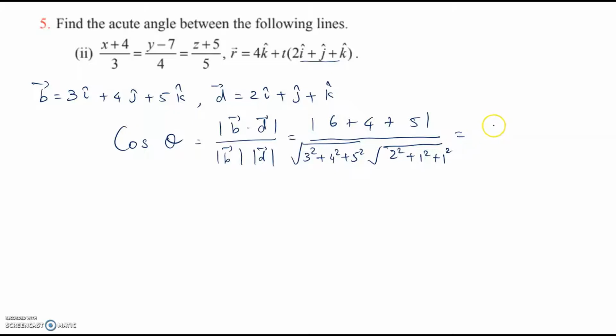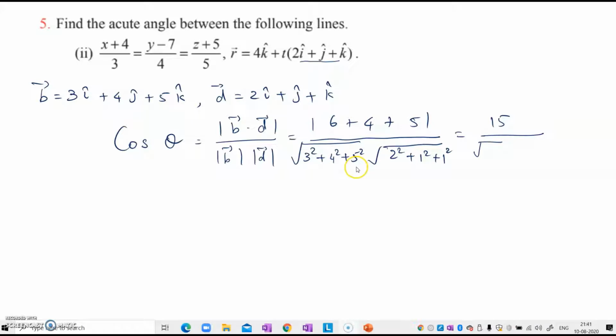So that is equal to 15 over root of 9 plus 16 plus 25. That would be square root of 50, and this would be square root of 4 plus 2, 6.